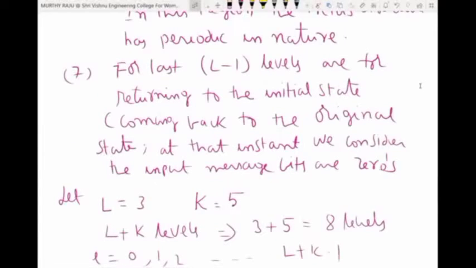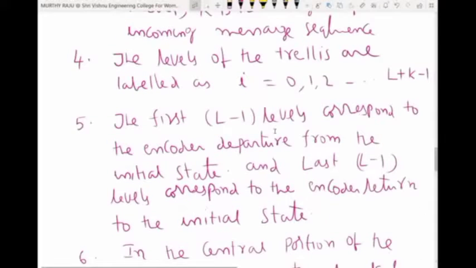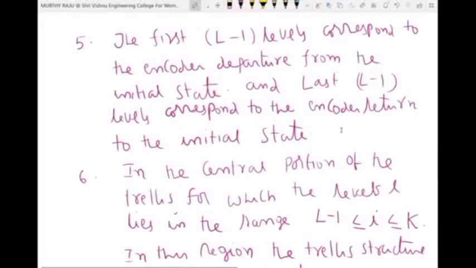The levels of the trellis structure are represented by small l, with range 0, 1, 2 up to L plus K minus 1. The first L minus 1 levels correspond to the encoder departure from the initial state, and the last L minus 1 levels correspond to the encoder return to the initial state. That means coming back to the original state.